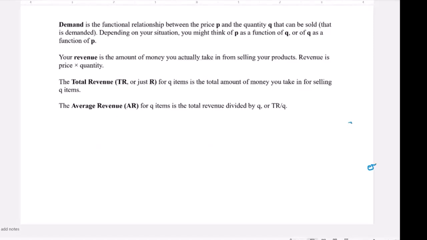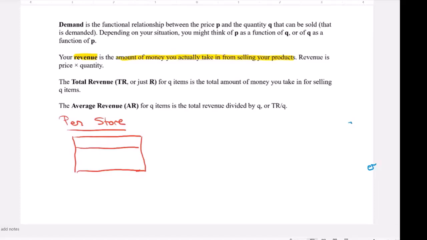My revenue, very important, is the amount of money that I take in from selling my products. It's going to be the price times the quantity. So let's say I am a pen store. I'll make a little table here to make it easier.